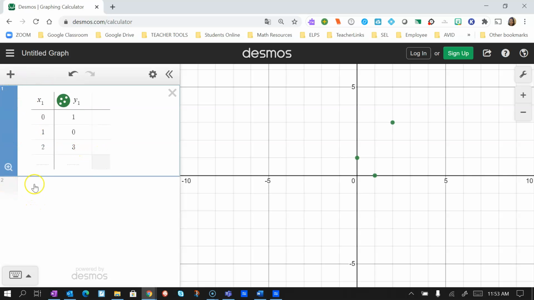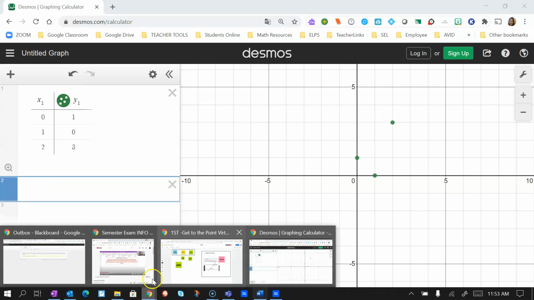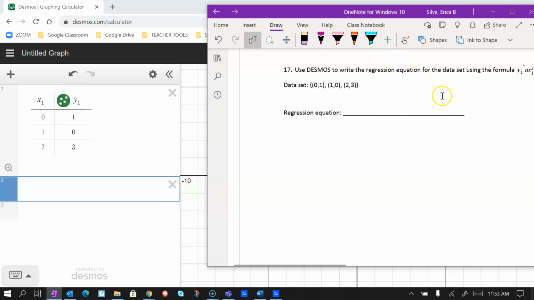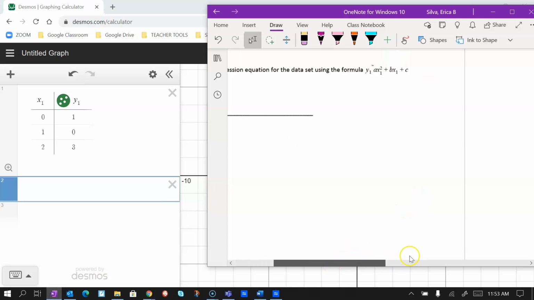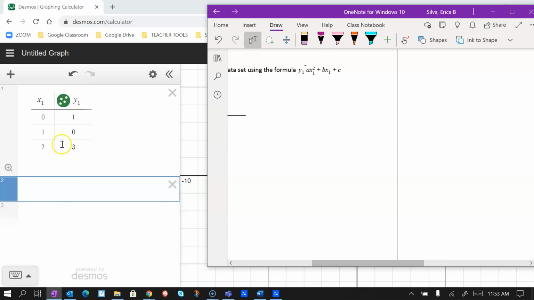Then we're going to click where it says 2, and we're going to use this equation formula for it to give us the equation.